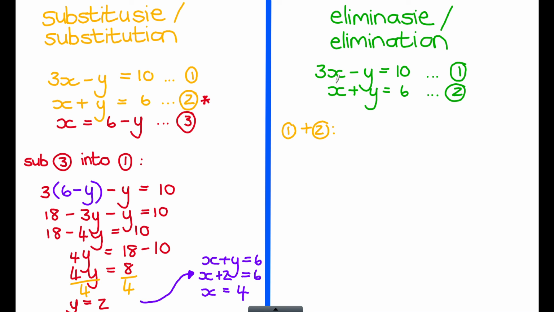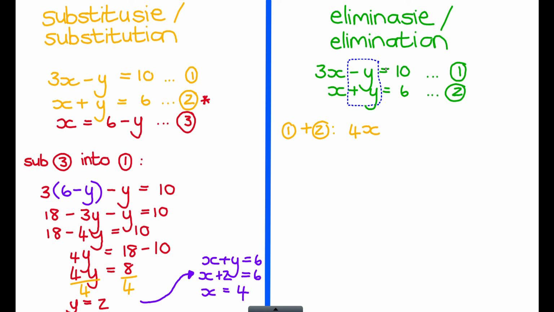Okay. So kyk gou net na die x'e. So if I were to look at these, 3x plus x gaan vir my gee 4x. Okay? Now only look at the y's and remember to include the signs. Negative y plus a positive y, is going to give me 0y.